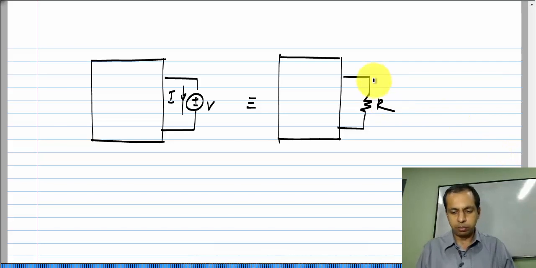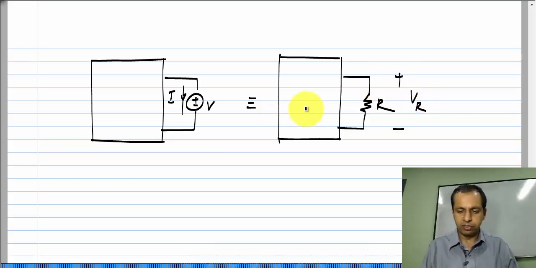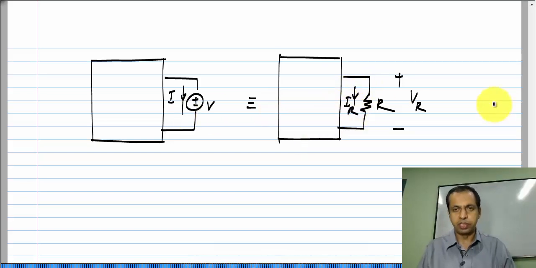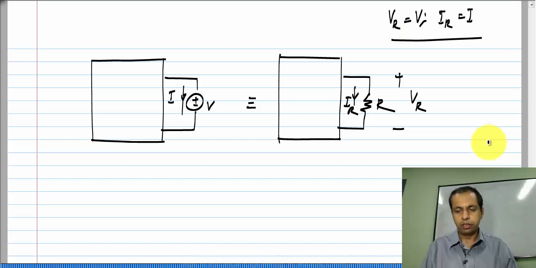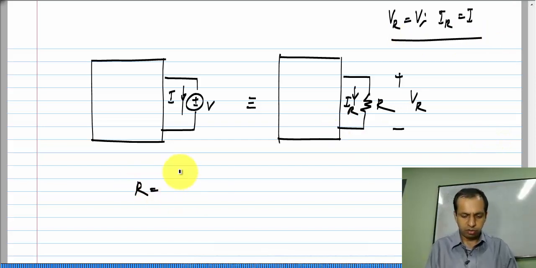Now, what should this resistor be? Again, we want the voltage across the resistor VR to be exactly the same as V, and the current through the resistor IR to be exactly the same as I. So, VR equals V and IR equals I. Okay. So, the resistance value which is VR by IR has to be equal to V by I.